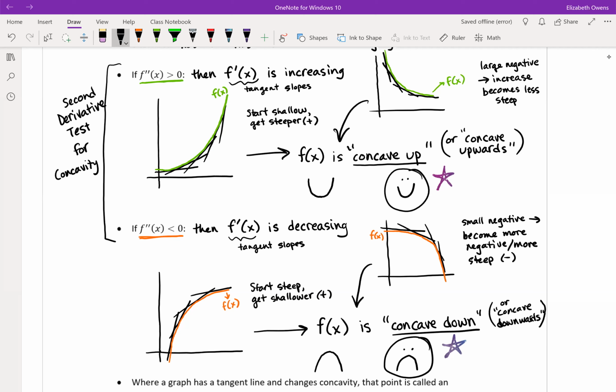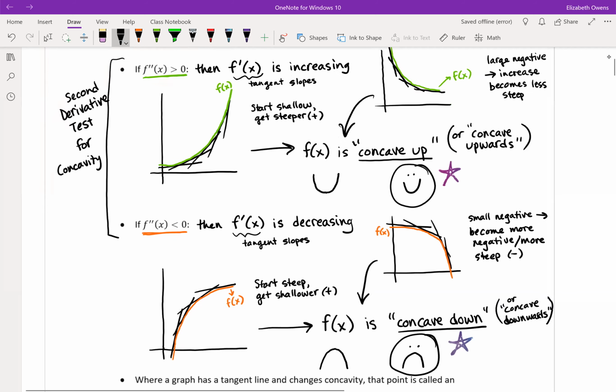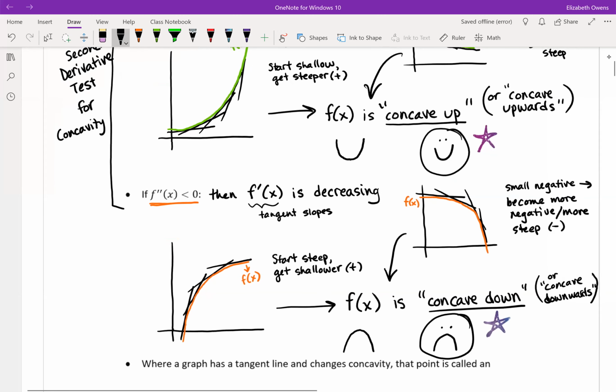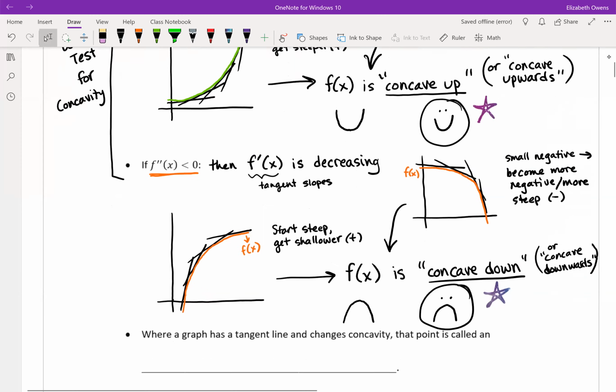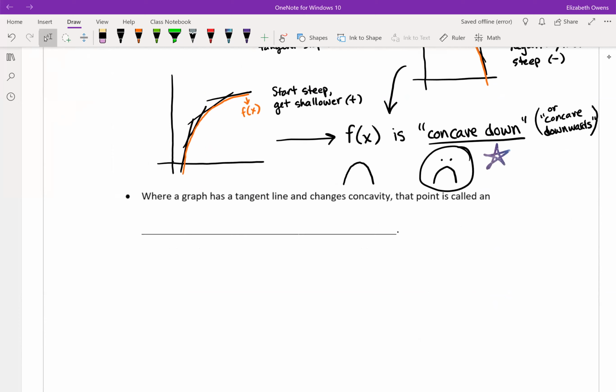And now that we know those two different types of concavity, we can talk about what it's called when a function changes concavity. So here, where a graph has a tangent line and changes concavity, that point is called an inflection point.